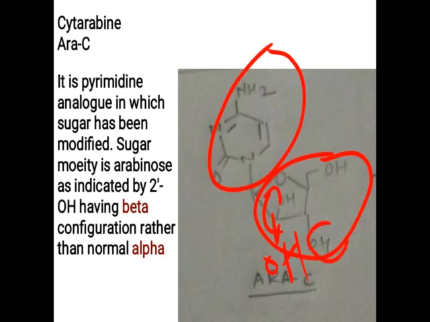So this hydroxy has the opposite plane, hence such a structure is called arabinose sugar. That is, the 2' hydroxy has beta configuration instead of alpha configuration, so it is called cytarabine or Ara-C.